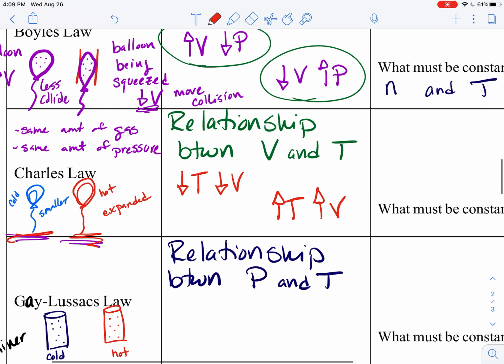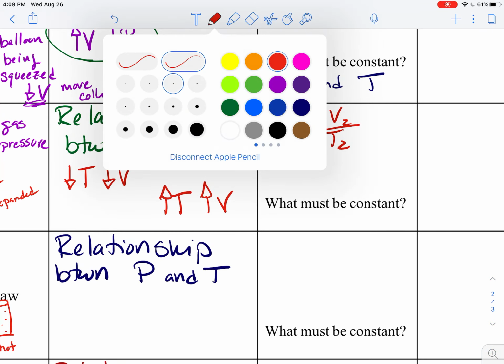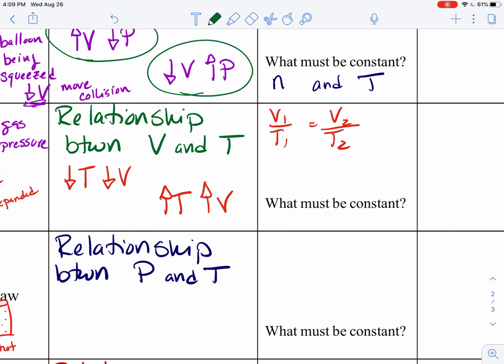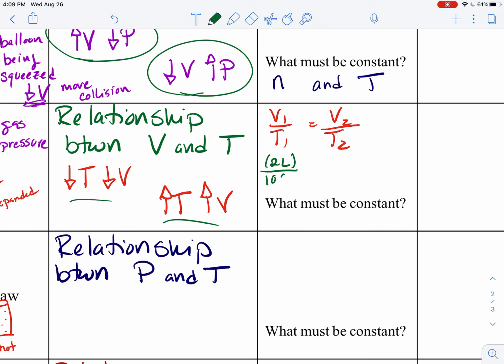Mathematically, in order to represent this relationship, there is an equation for it, and it is V1 over T1 is equal to V2 over T2. And again, I like to show just a quick mathematical representation of this. So again, let's look at our two examples, our two balloons, and we'll use really easy numbers just to make it very clear and visible. So let's say that our initial volume was 2 liters, and it was at a temperature of, let's say, 100 Kelvin.